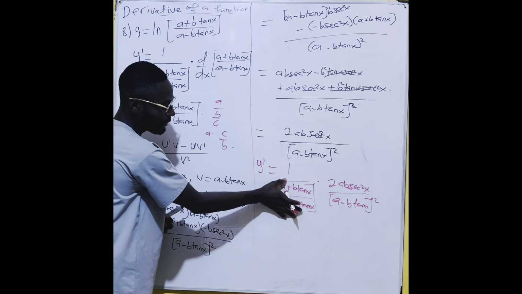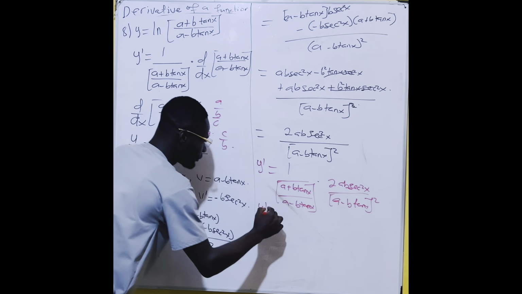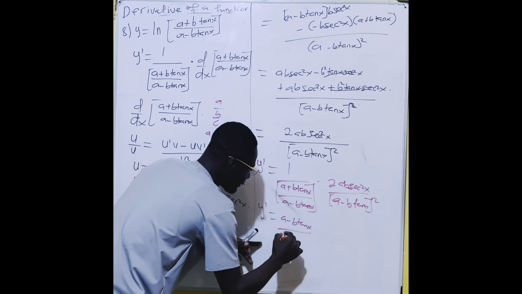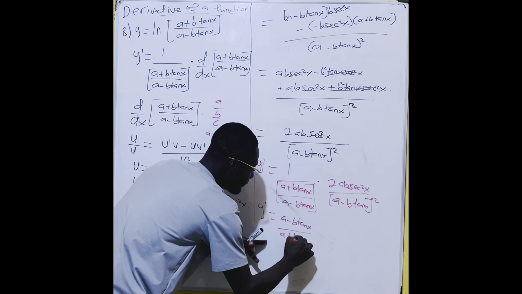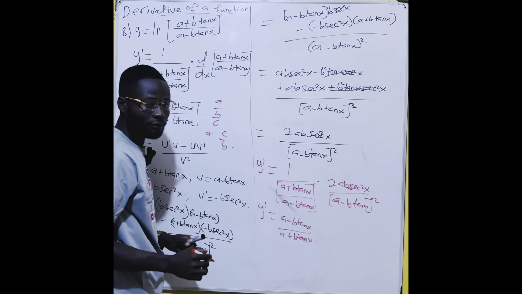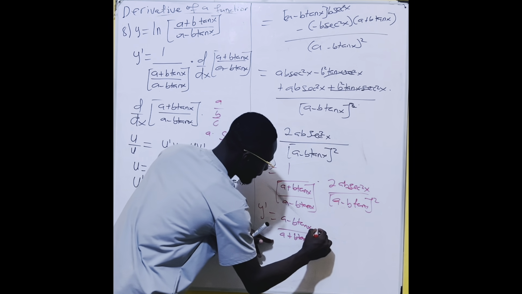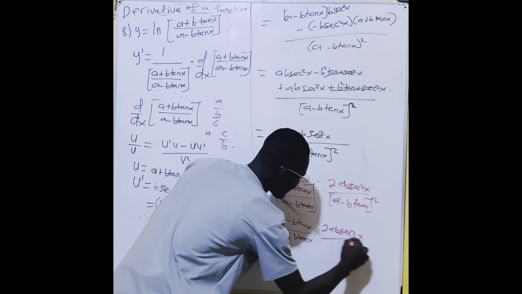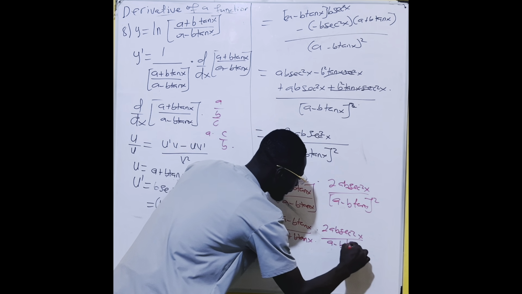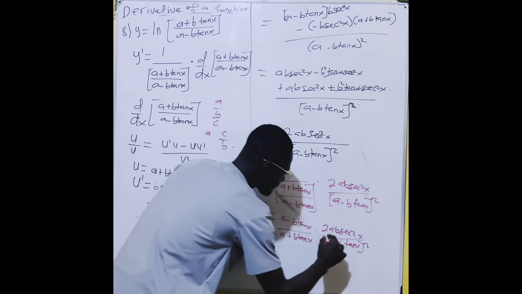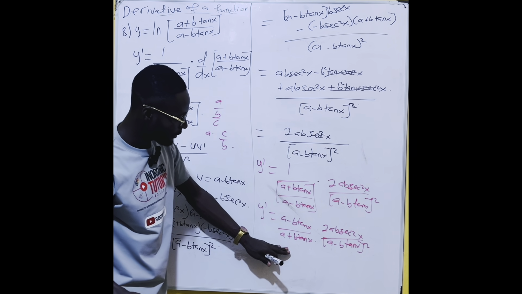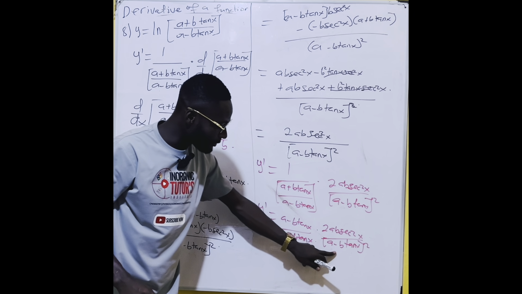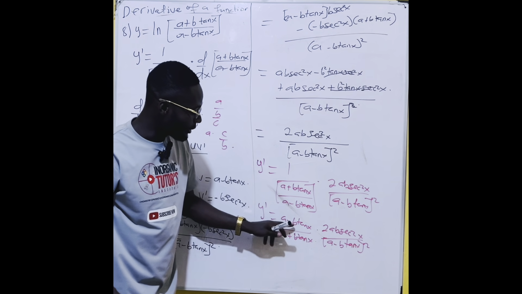So we apply that same knowledge here to have y prime equal to (a minus b tan x) divided by (a plus b tan x), times 2ab sec squared x divided by (a minus b tan x) all squared. So this is what we have. Now, this is a minus b tan x, and this is a minus b tan x all squared, so this can take one of this.